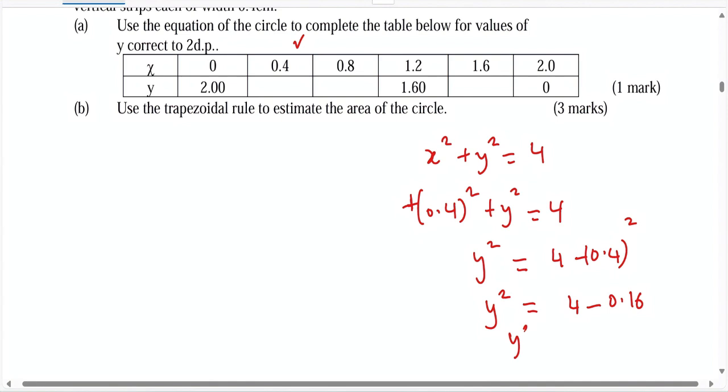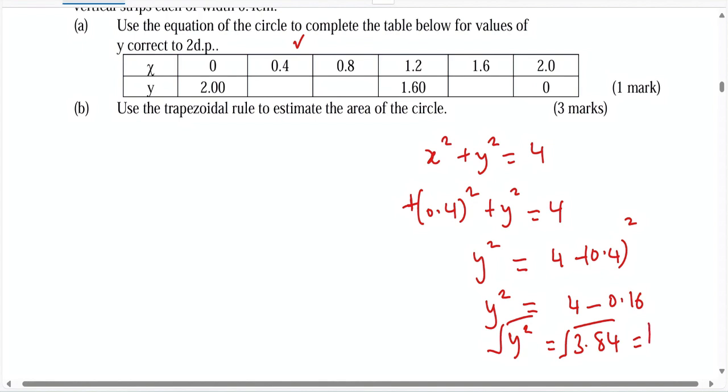So y squared equals 3.84, and if you find the square root of this, the square root of 3.84 is 1.96.